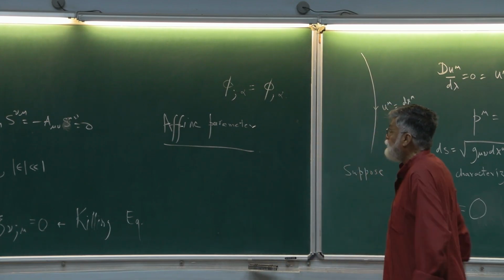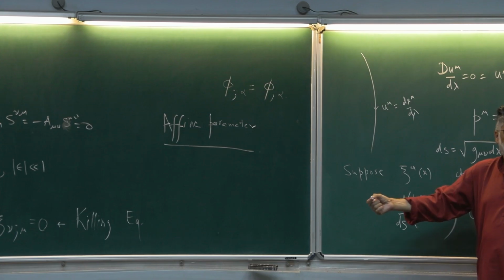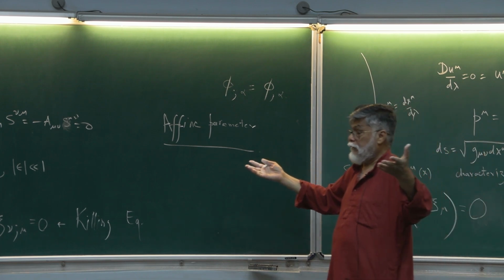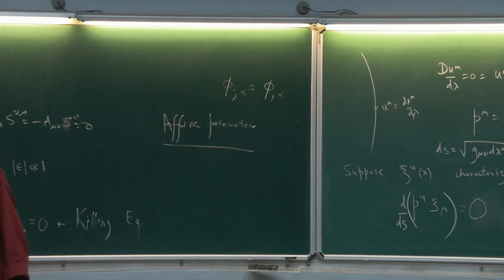Yeah. So okay. So affine parameter is just a real number parameter to describe the curve, because we have seen a curve is a mapping from the real line to the manifold. So therefore, when you have a mapping from the real line to the manifold, you give me one value of the real line, I will tell you which point in the manifold I have.